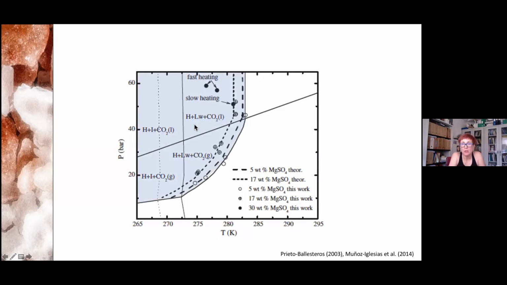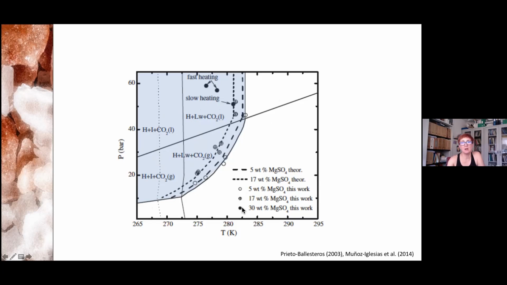In blue, you have the stability field of clathrates. You can have clathrates at these pressures and temperatures, but from this line, named the dissociation line, you don't have clathrates.